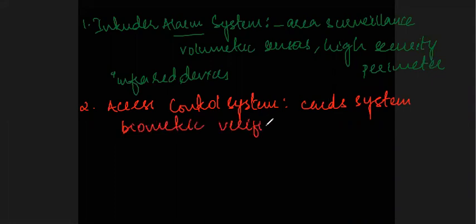If a person passes the biometric verification, then only he'll be granted access. Or else, if you do not provide biometric verification for getting in and out of the system, the doors might be closed. This type of method can be used.